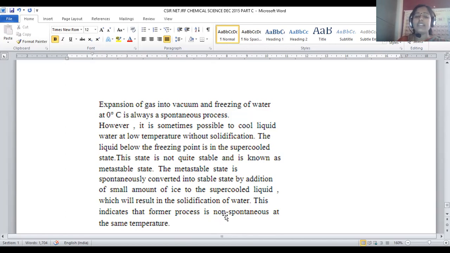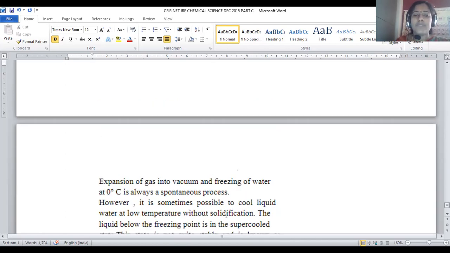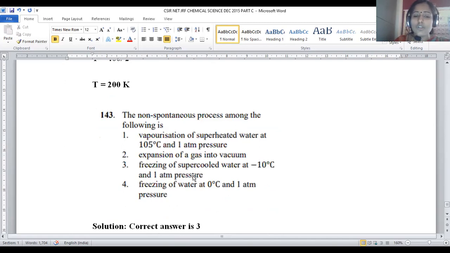This is possible only when we intentionally add a small piece of ice, right? And the fourth is freezing of water at 0. When we maintain 0 degrees, obviously water will be solidified. That is a natural process, right? Only option number 3 is non-spontaneous. So for question number 143, option number 3 is the correct answer.